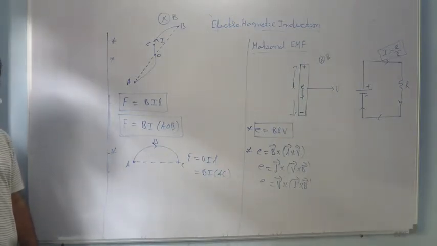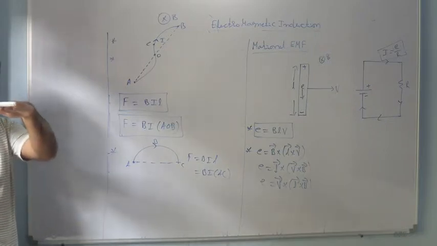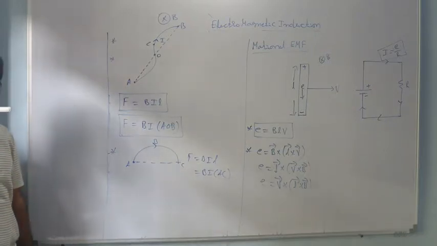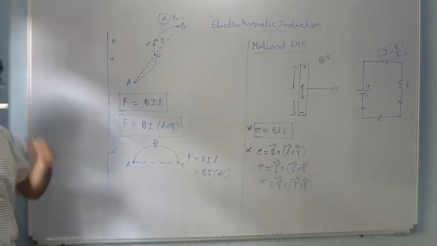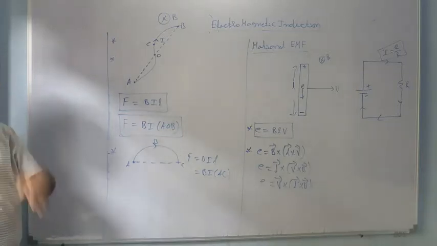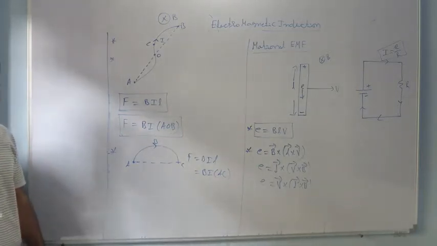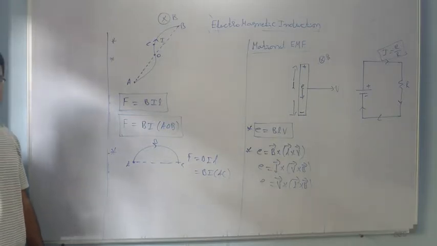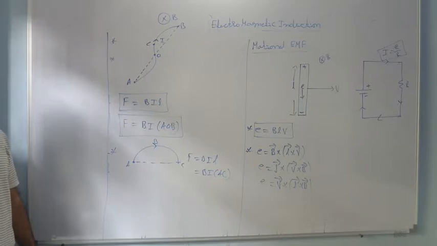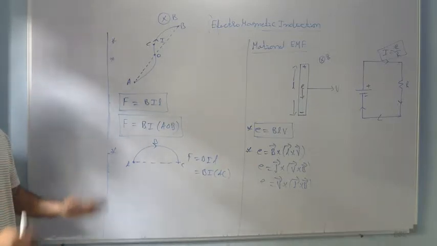Magnetic field is applied like this. Is EMF generated or not? Magnetic field applied like this, rod falling like this. Is EMF generated or not? In this case, yes. What is the difference? That is the only thing you need to understand. If you understand that, we can close this.